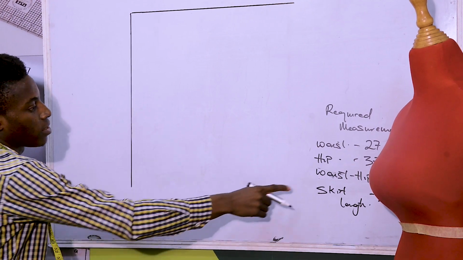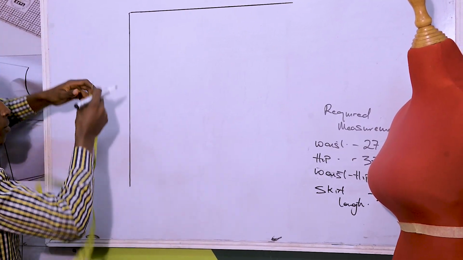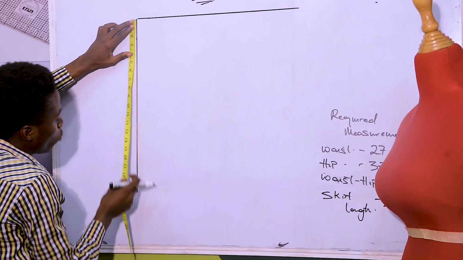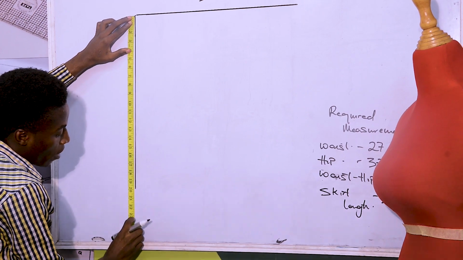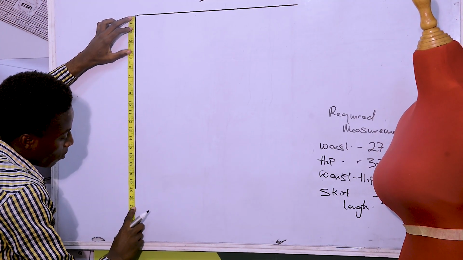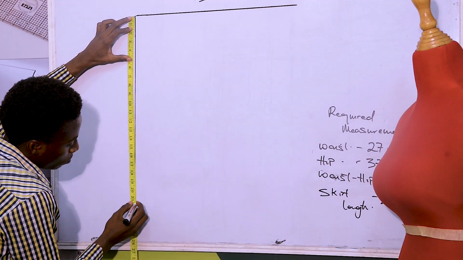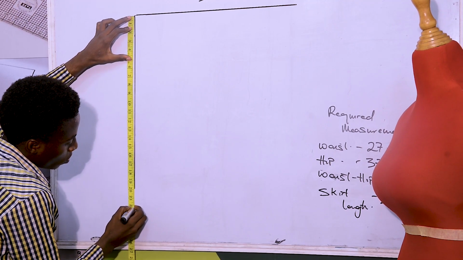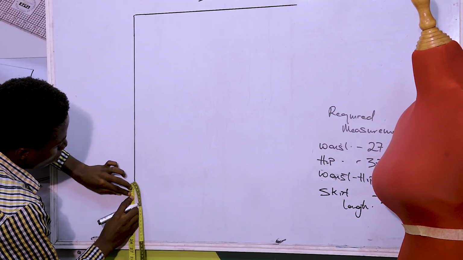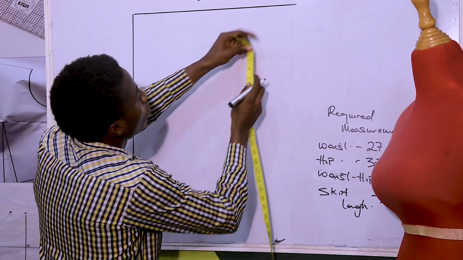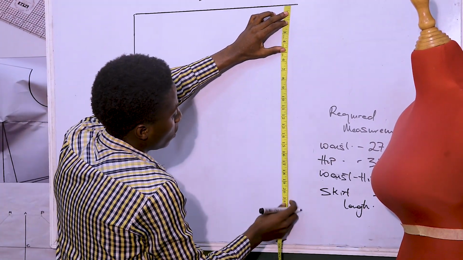So the skirt length, we have 23 minus the band height. So 23 minus 1.5, what do I have? That's 21.5. That's 22. So preferably I'm going to be taking it at the other end.